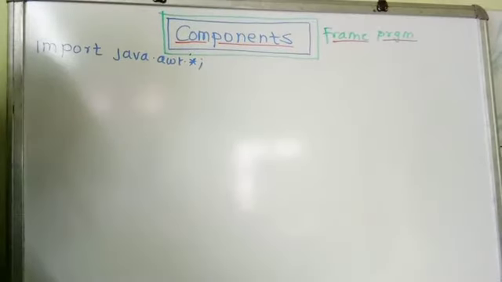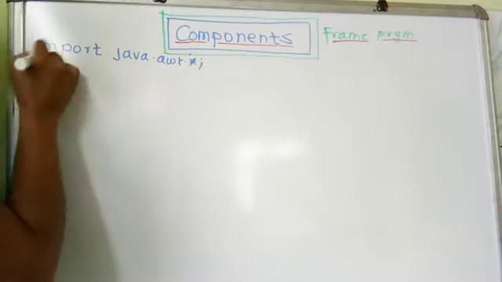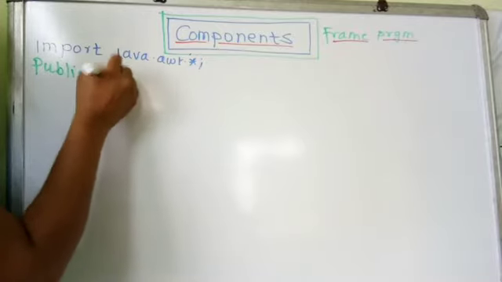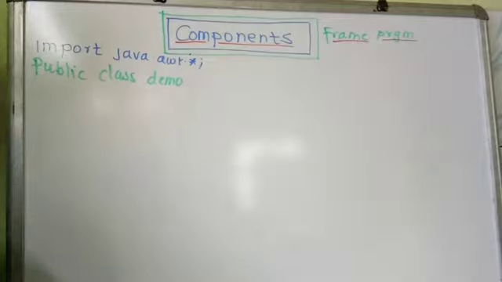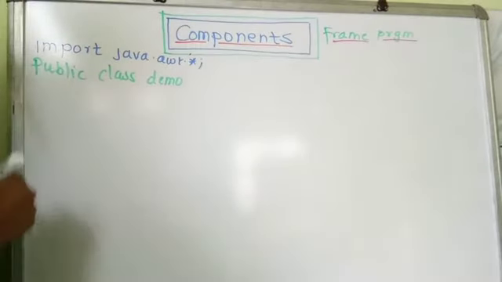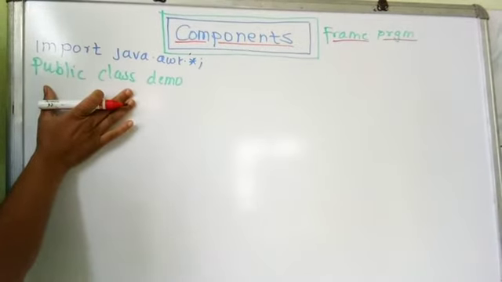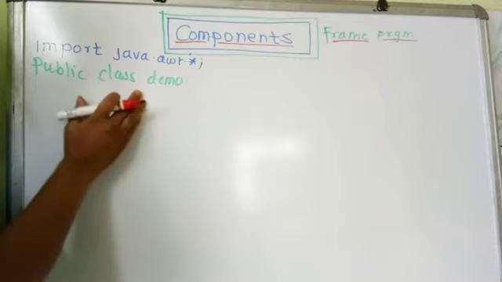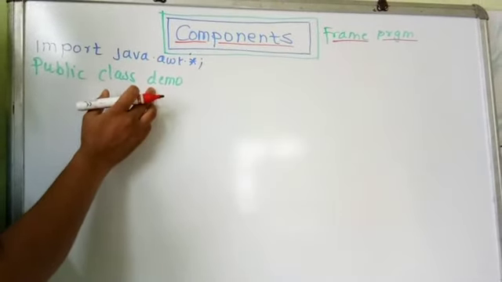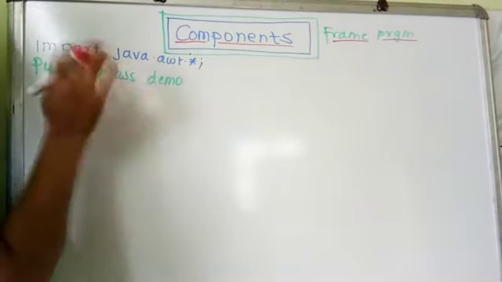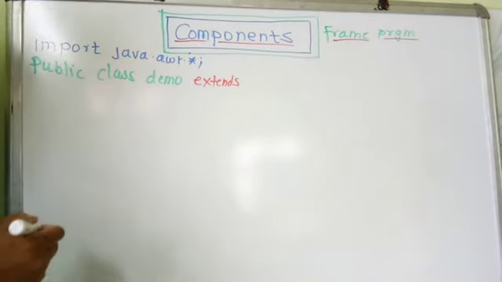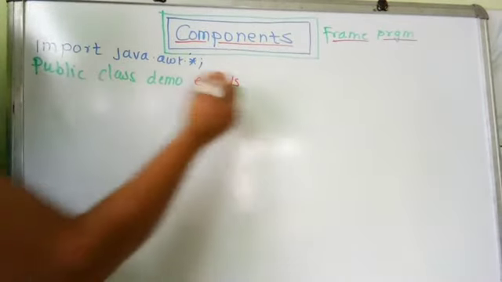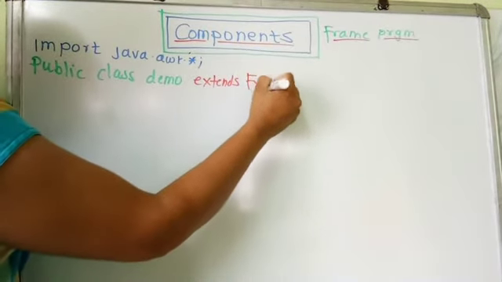Now we will create one class, that is, public class, for example Demo. Now it's time to actually use the frame. This class is creating the program, so you have to extend your frame component with this class. So extends is a keyword you have to use with this class, and then you use the Frame component.